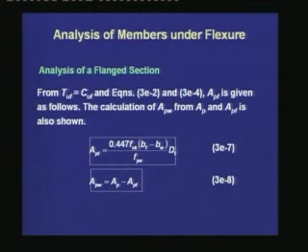Equating TUF to CUF, we are able to find out the part of the steel which balances the compression in the outstanding flanges. Now, given the total amount of steel, if we deduct this component APF, we get the amount APW. That is, APW is equal to AP minus APF.